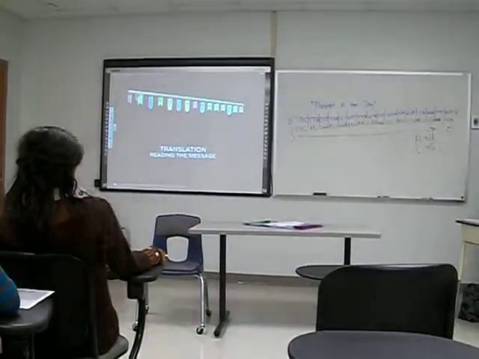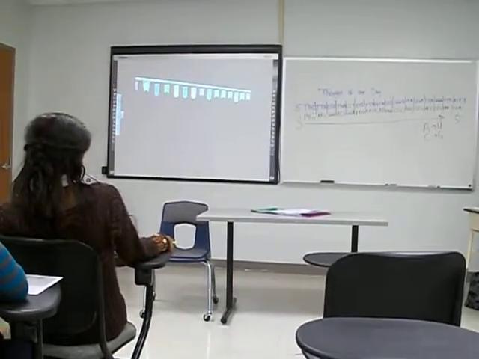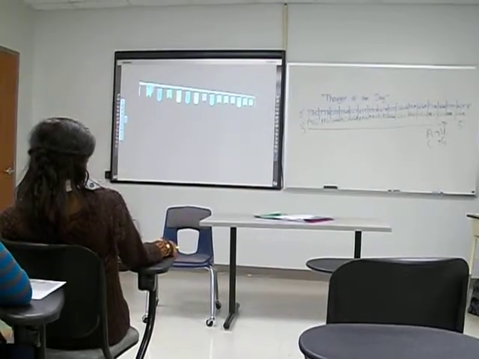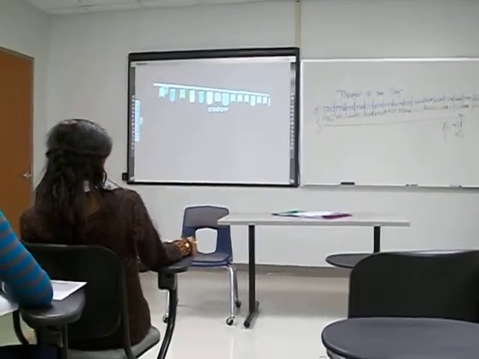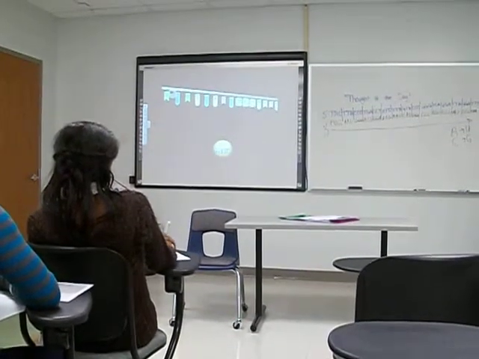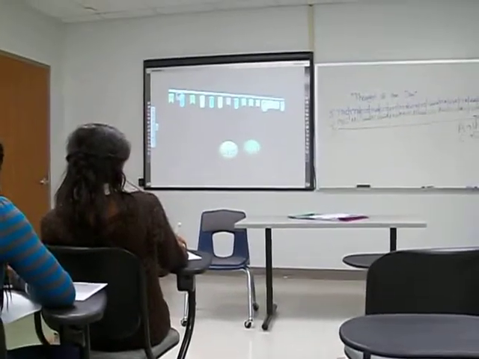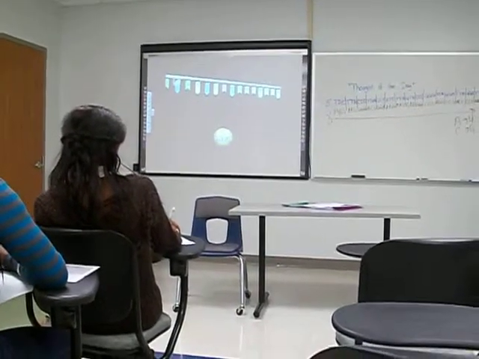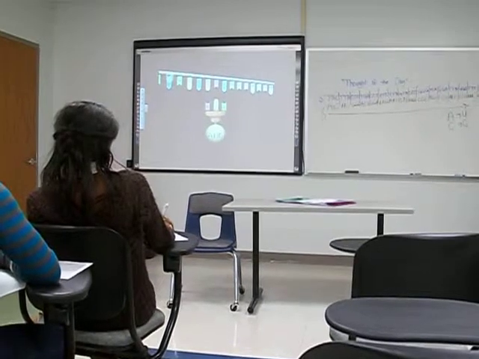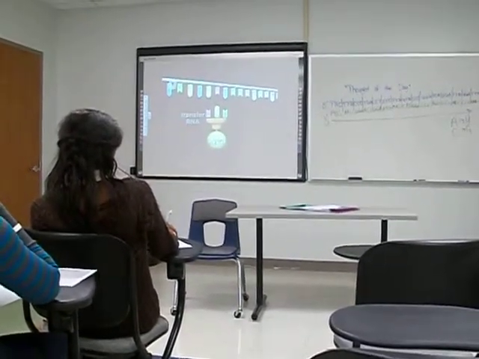Now you can use your notes on the same sheet that you were handed on replication. It turns out that each triplet of bases on the messenger RNA, called a codon, corresponds to a particular amino acid. Now there has to be a chemical connection between each triplet codon and each amino acid. A special adapter molecule called transfer RNA makes that connection.